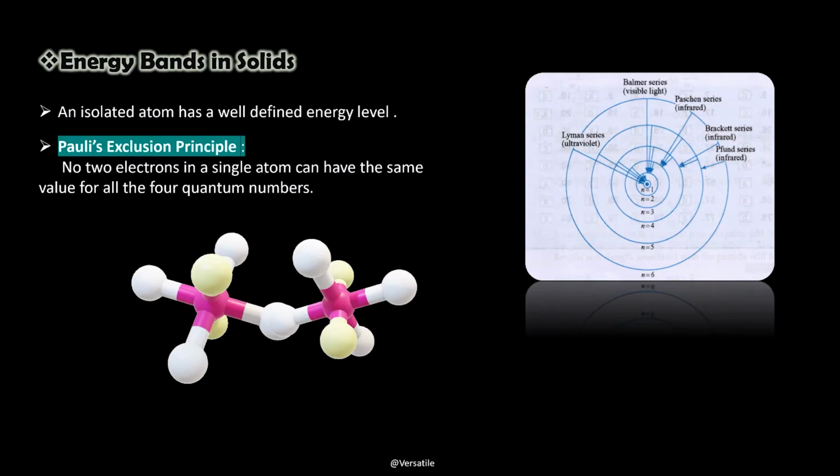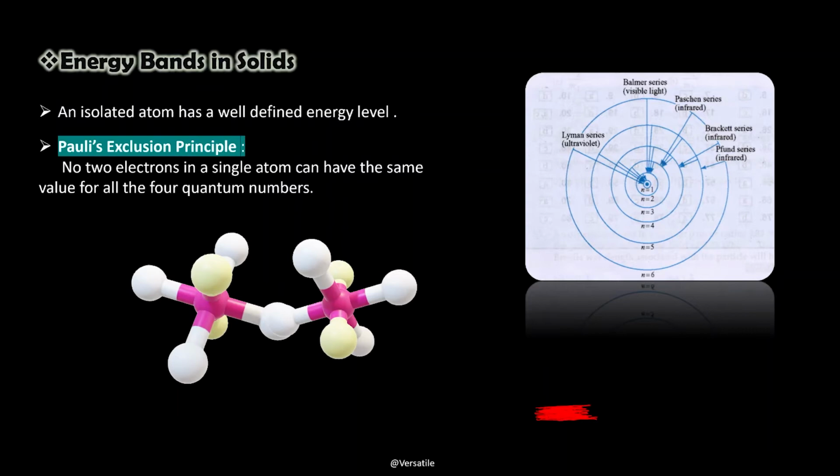When a large number of such atoms get together to form a solid, these individual energy levels overlap and get completely modified. Imagine this is the energy level of a single atom, and now another atom comes whose energy level is this, and similarly several atoms come together and their energy levels start overlapping with each other, and we get a continuous band.